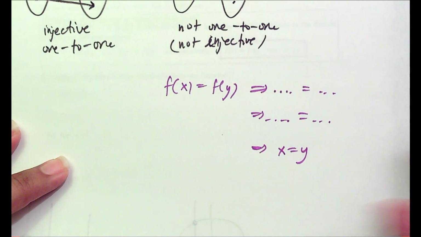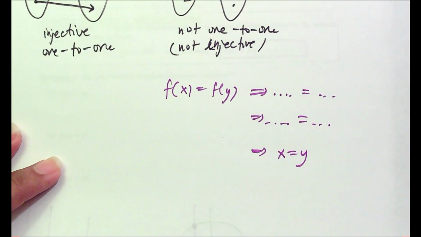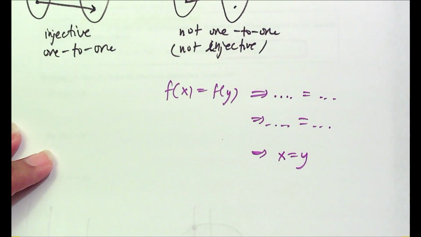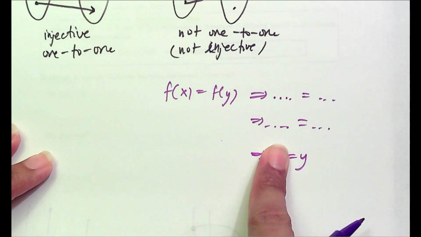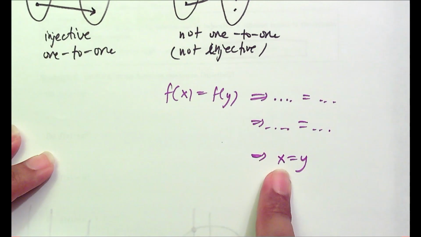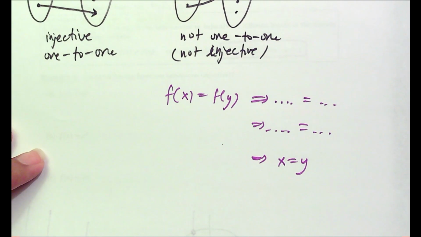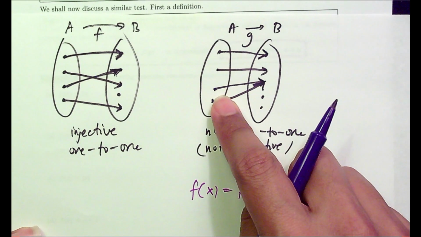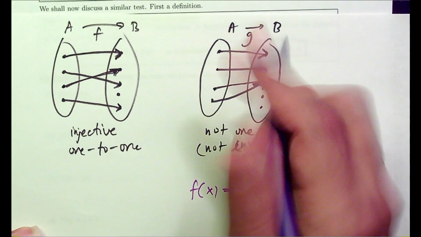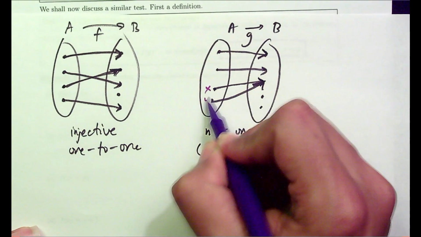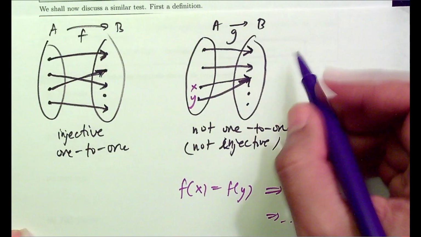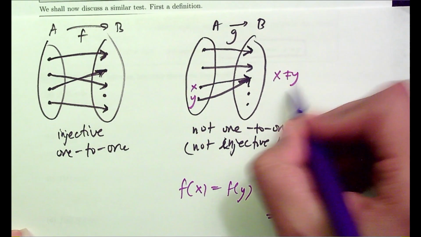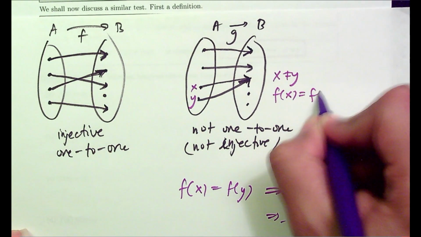If you suspect that the function is injective, this is usually going to be the easiest way to figure it out. Now, if you suspect that it is not injective, then the easiest way will probably be to come up with an example of two things that are different, but that have the same output.